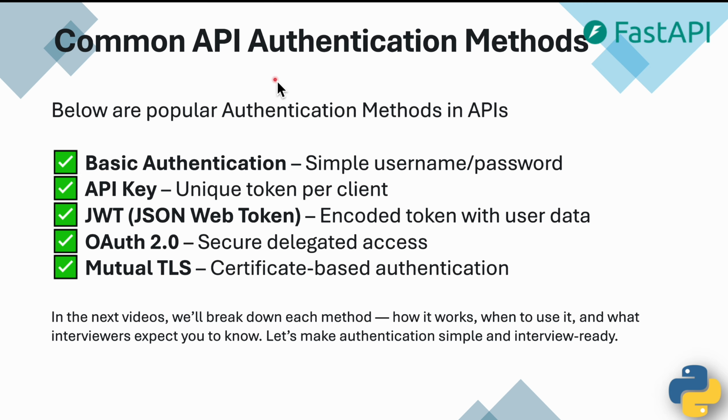Common API authentication methods. Below are popular authentication methods in API. Basic authentication is a simple username and password exchange between client and server. API key: a unique token per client can be exchanged. JWT, JSON Web Token, is a token that carries user data.